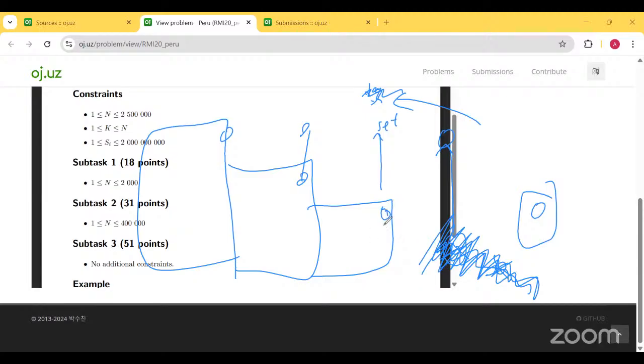I think it is still correct. So in the set it is still complete, but in the deque sometimes some maximum is removed. All right. Is it understood? Or is there any other concern?